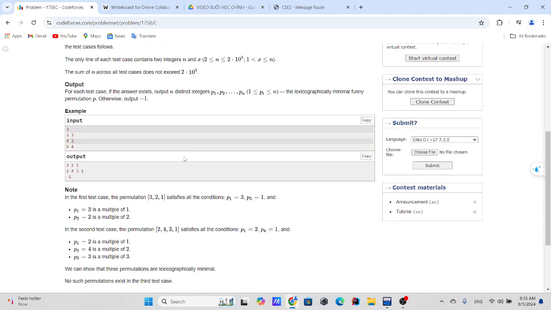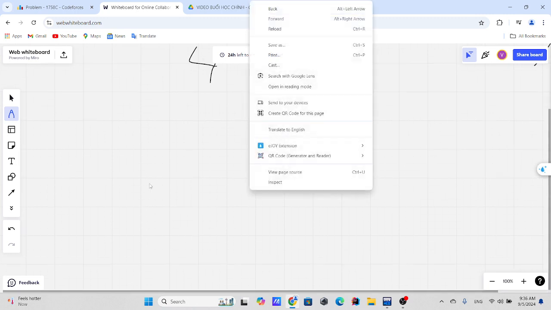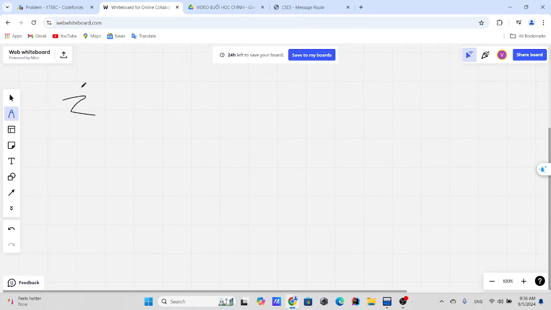Wait, let me brainstorm the implementation real quick, because if we don't need to use prime numbers, that's gonna be a bit sad. So let's think about it real quick. How should we do this problem? For example, 2 4 or 4 2, right? 2 is the first, 1 is the last.